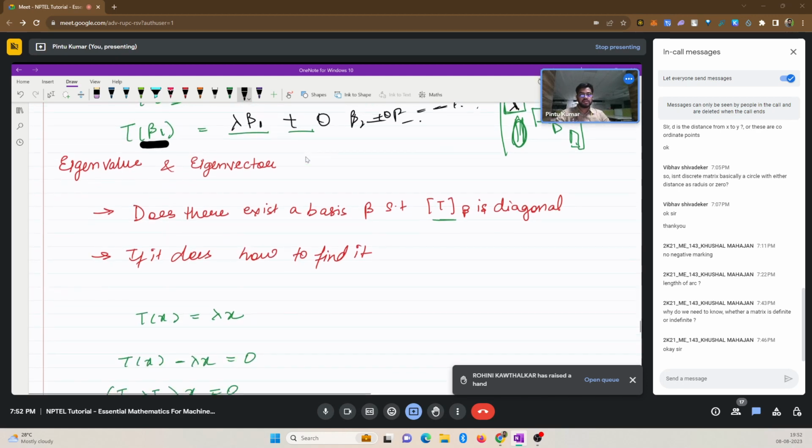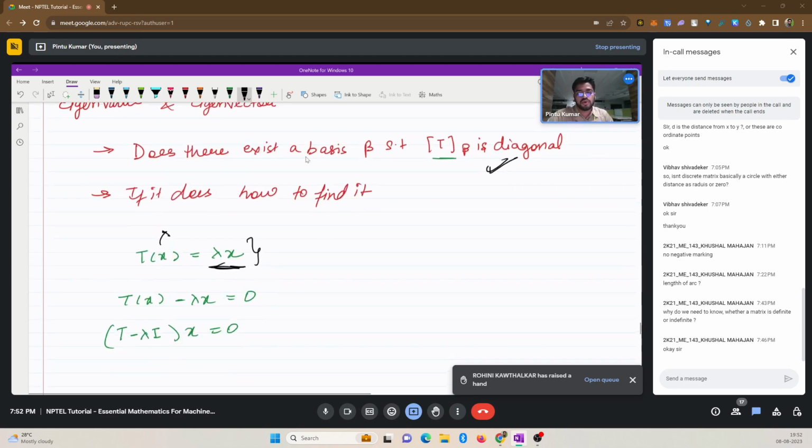So this is a property: if you have any vector x satisfying T of x is equal to lambda x, and then you collect these kinds of x and form a basis, then that particular basis will give you T of beta as a diagonal matrix. So here is where the journey of eigenvalues and eigenvectors begins.